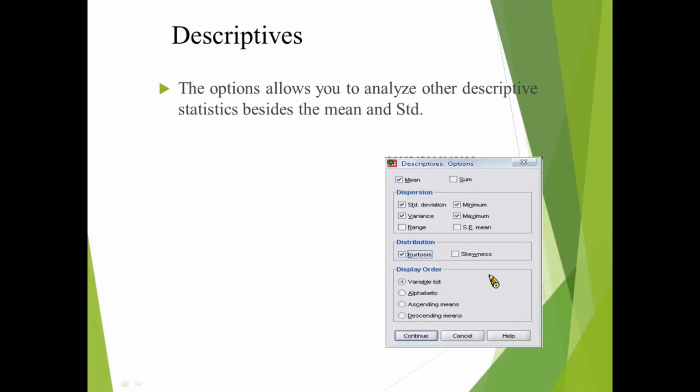And also in the descriptive, in the SPSS you can set up the mean, standard deviation, variance, minimum, maximum. And they have some distribution. You can see whether this is a normal distribution or some other statistic.